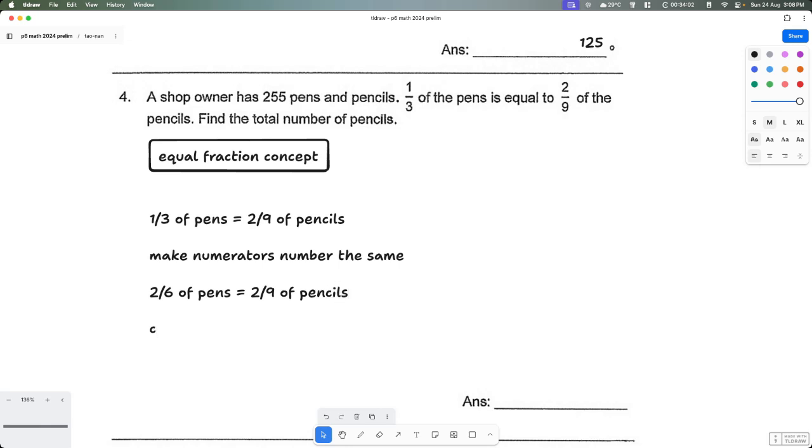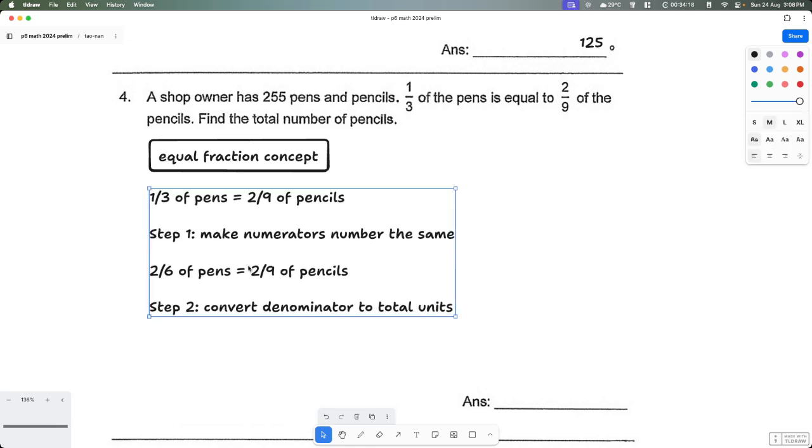So this is step 1, okay, and then step 2, convert the denominator to total units. So total pens is equal to 6 units.